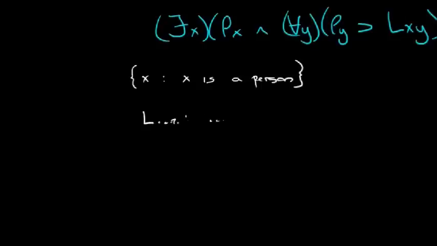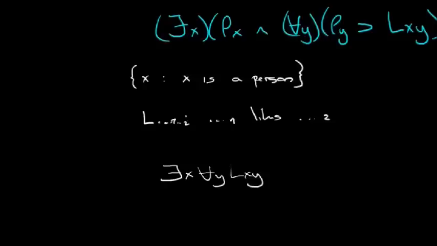Sorry, it's two place, 1 likes 2. With this in our key, we can just write there exists an x such that for all y, x likes y. And we know we're talking about persons because we've restricted the set of things that can be pointed to by the variables.